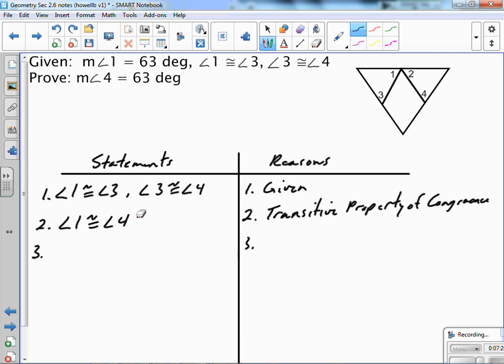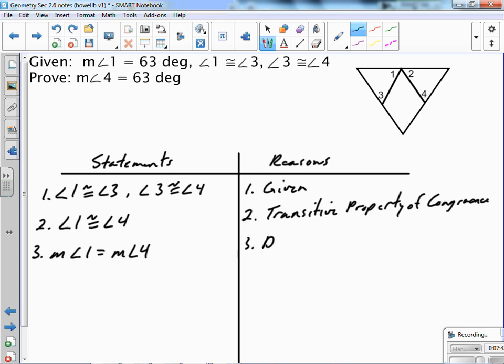Because notice we want to end in the measure of angle 4 equals 63 degrees. So we need to make a switch here at this point in the proof from talking about things being congruent to saying that they're equal. And since angle 1 is congruent to angle 4, then we can say that the measure of angle 1 is equal to the measure of angle 4.